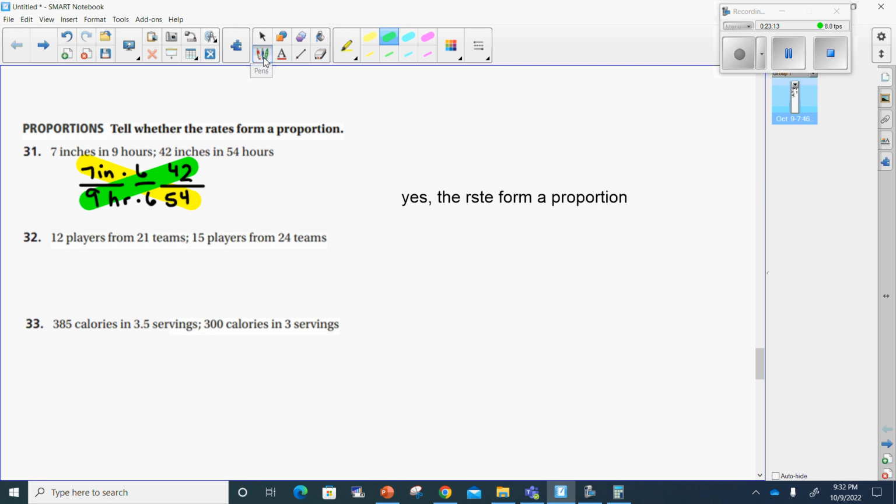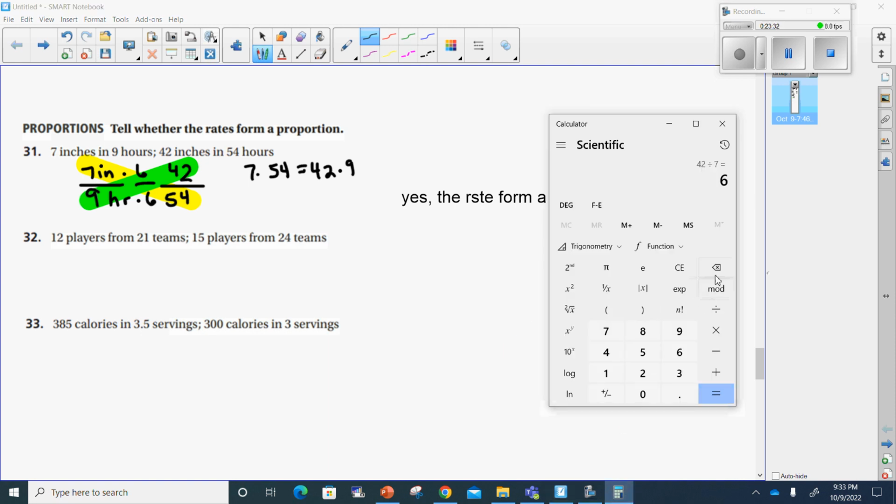Well, let's see. This is going to give us 7 times 54 has to equal 42 times 9. Let's find out if that's true.